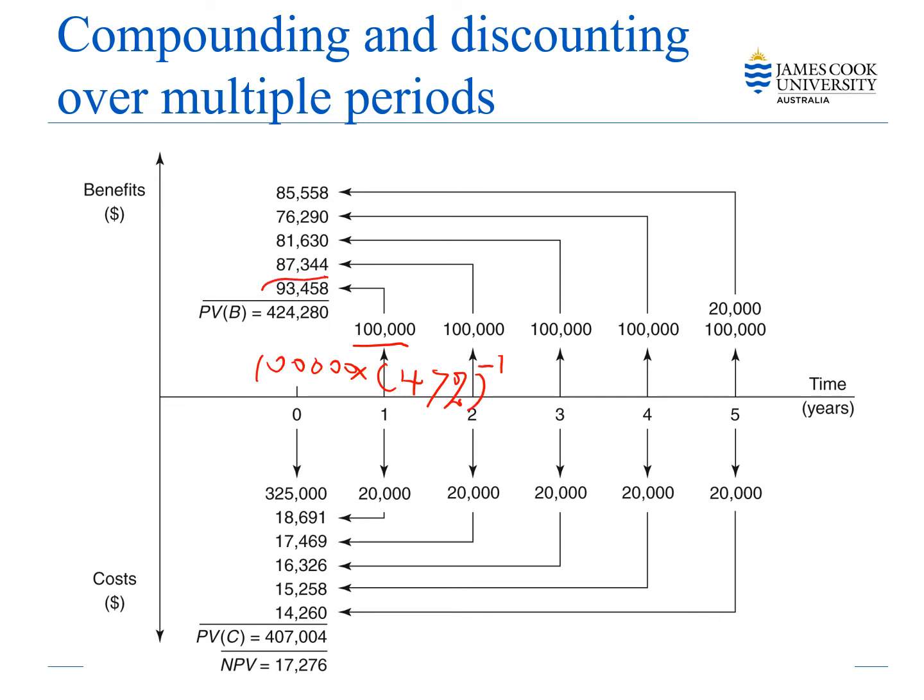We get these numbers: 93,458. Similarly, for the second terms, third terms, fourth terms, fifth terms. So fifth terms, the present value of this is $85,558.